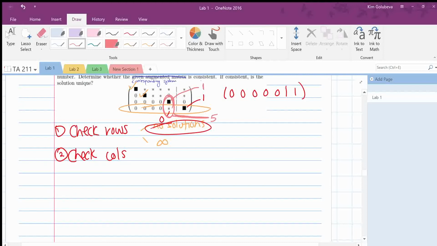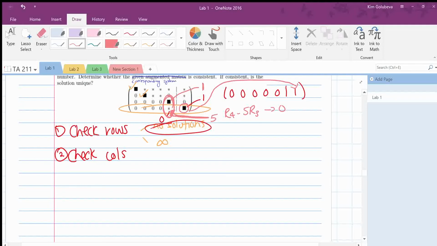If this one is 1, then our next row operation would be that we're going to try and make this bottom row also 0. So we'd go row 4 minus 5 row 3, and that would give us 0, and our number right here would still be a non-zero number.